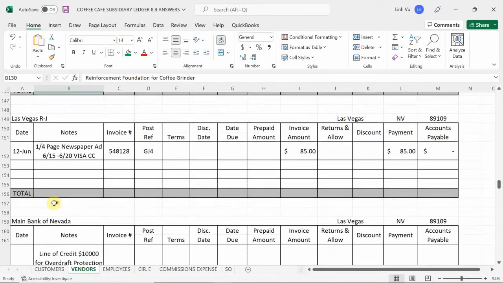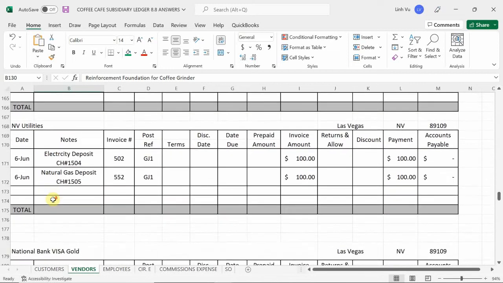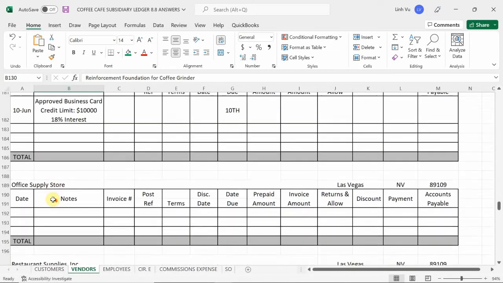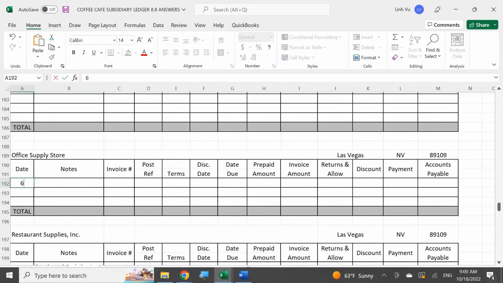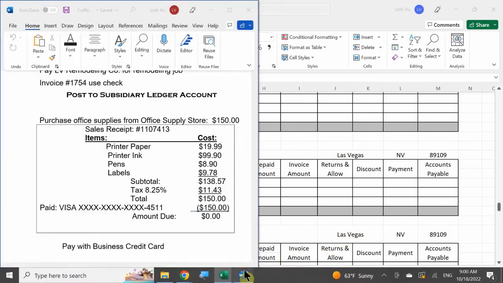So let's see, office supplies store here. Okay. Now it is up to you if you want to break down each and every single item. Saying like, oh, you bought paper for $19.99, the printer ink for $99.90, the pens for $8.90, and the labels for $9.78.